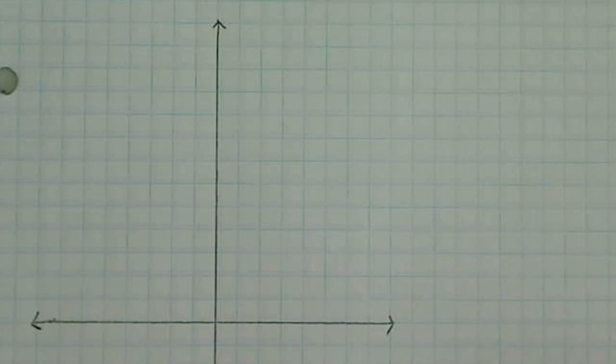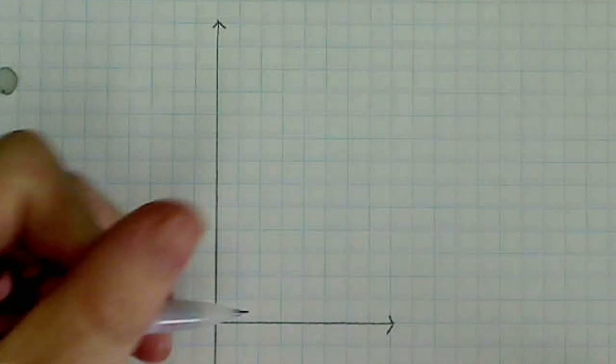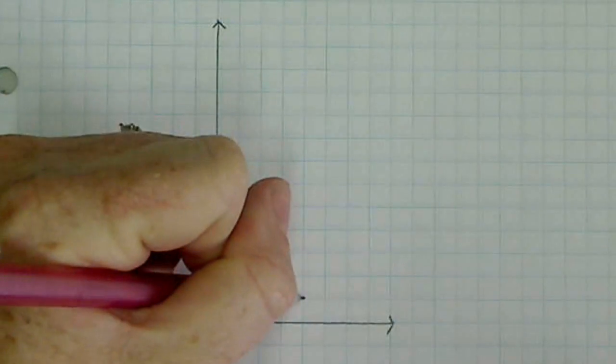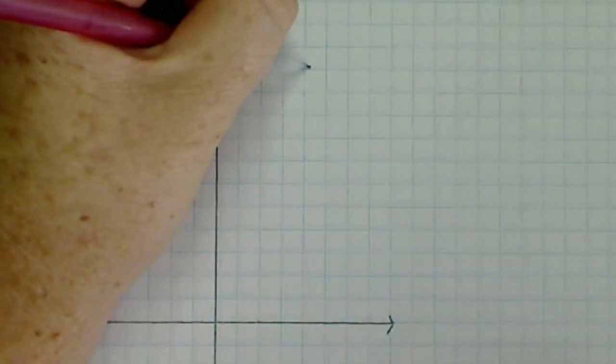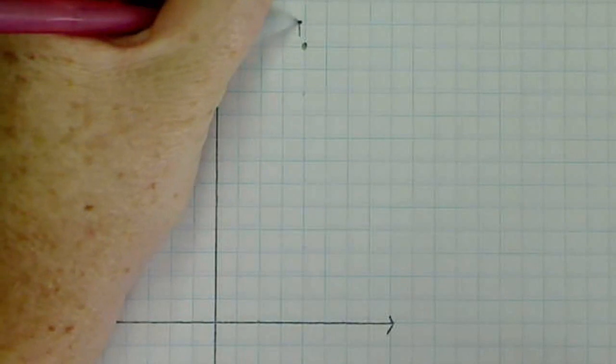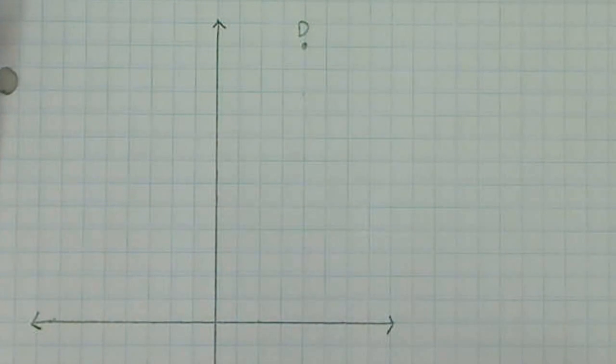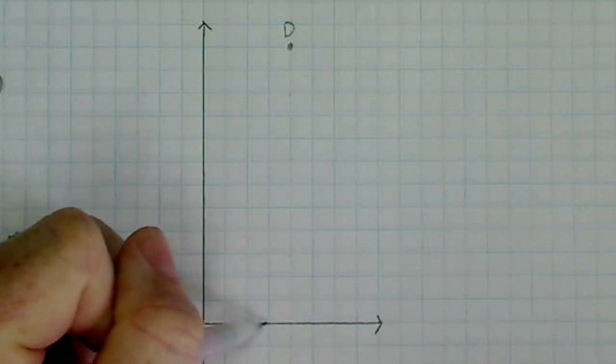So we've got D is at 4, 12. Right here is point D. E is at 14, 6.